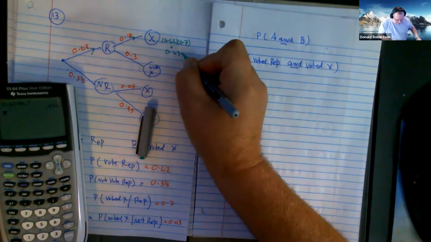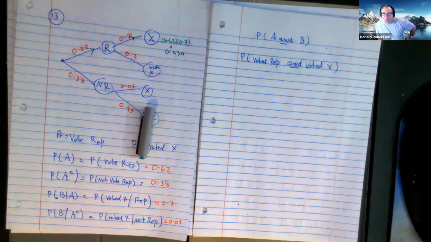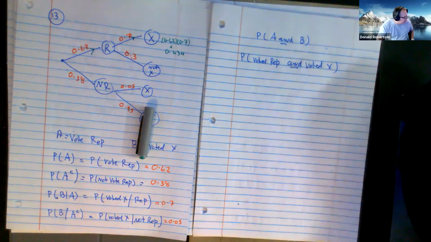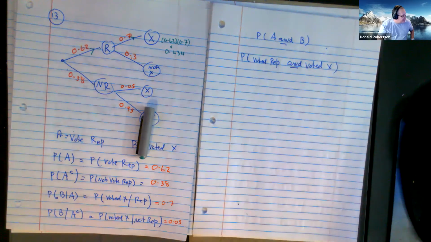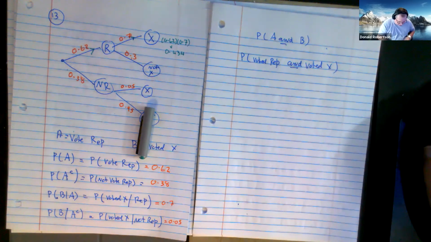Are you comfortable with that guy? Yes. Right. And then it says write in words. Well, that's pretty easy. The answer is the probability of being a Republican and voting for X. There are choices there, but in my case, it's the fourth one.